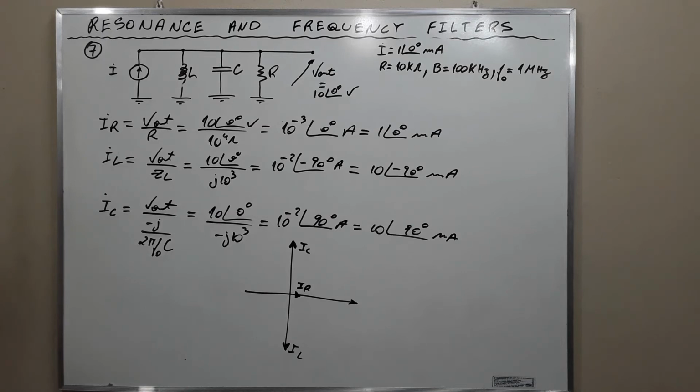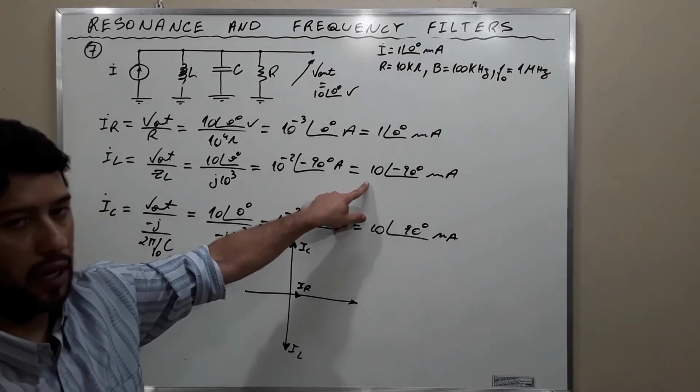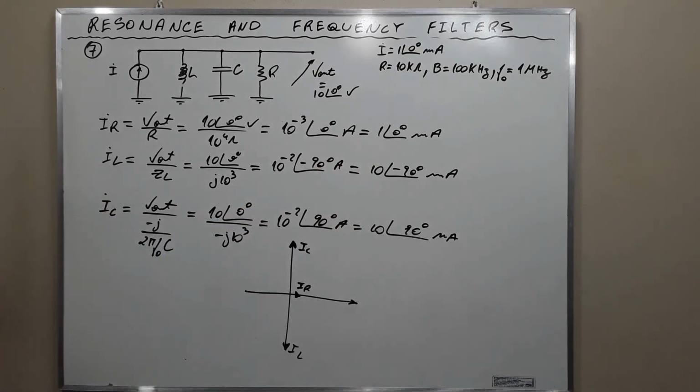Notice that both the inductor and the capacitor currents are larger in magnitude than the current of the source at resonance. Okay? They are 10 times the current of the source.